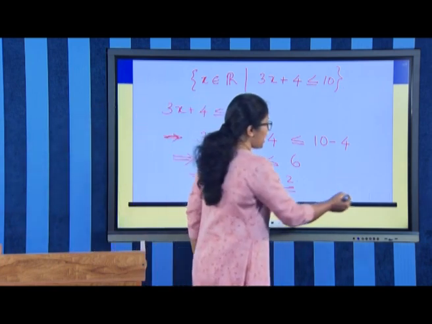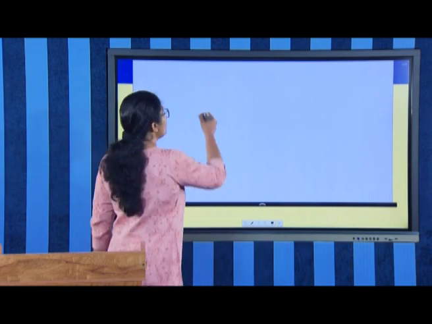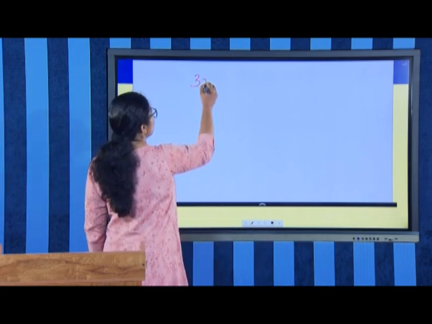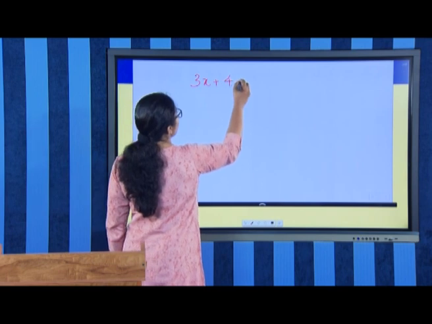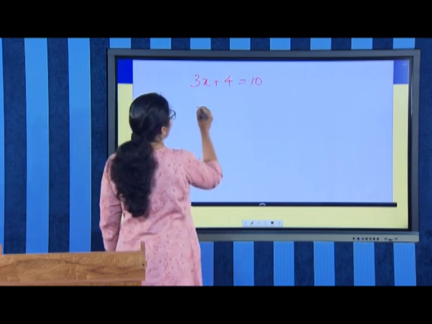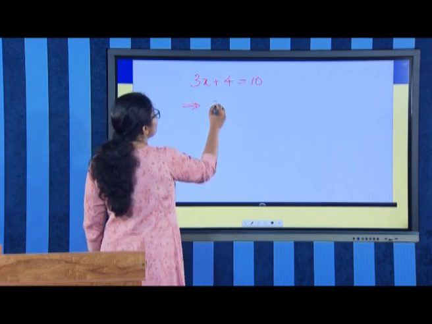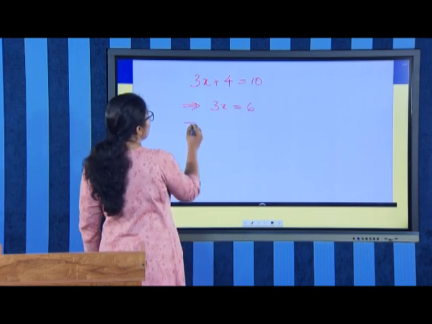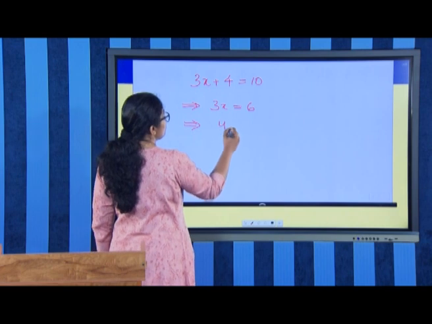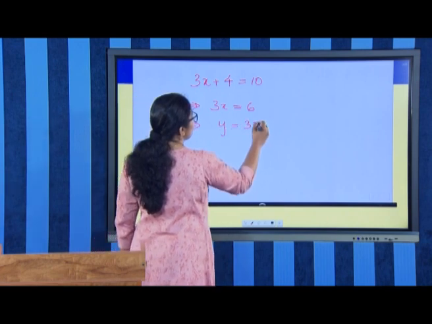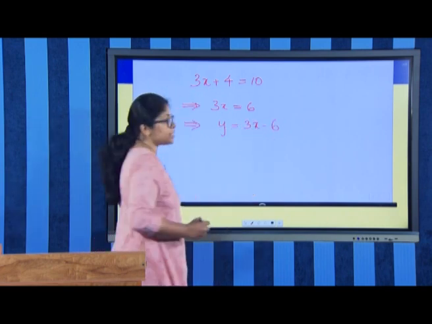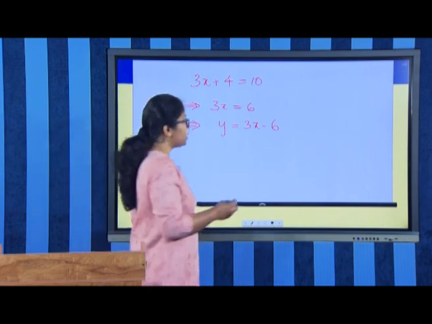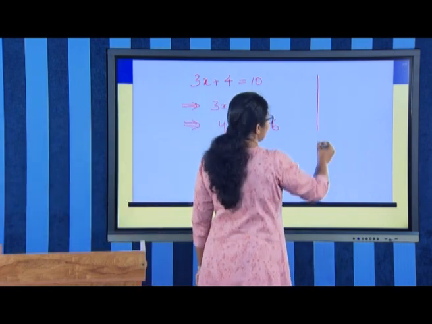So, drawing the corresponding graph of 3x plus 4 equal to 10, or we have 3x is equal to 6, or suppose we draw the graph of y equal to 3x minus 6 as a straight line, we will be getting the graph something like this.